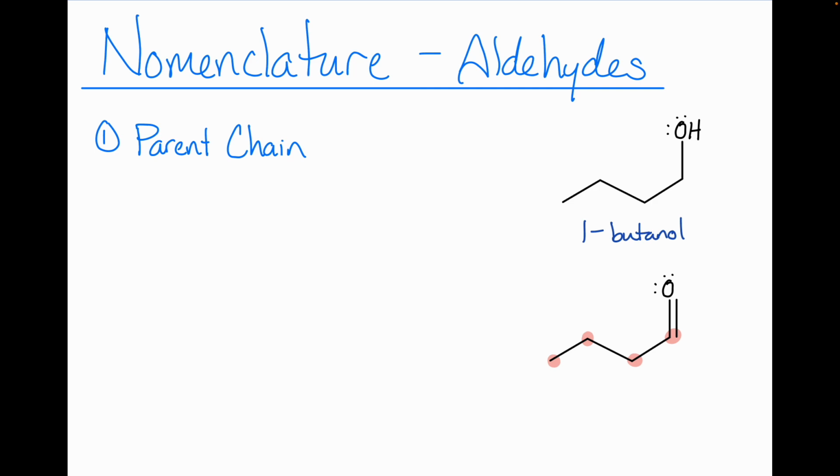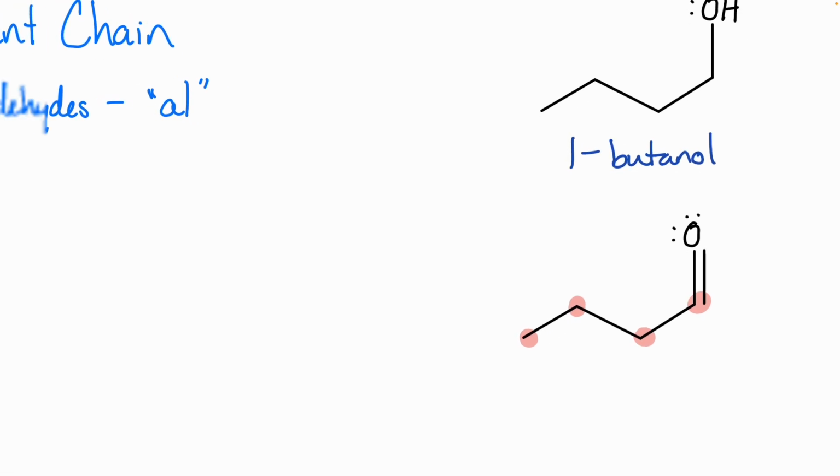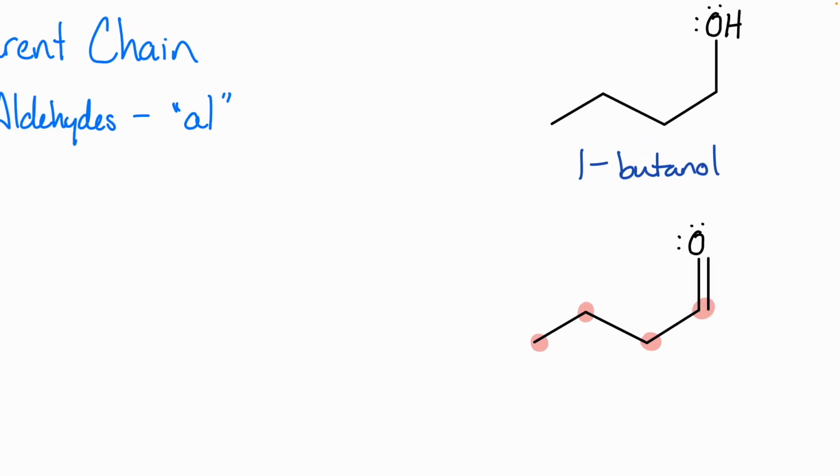And now we need to learn a different suffix because we have a new functional group here. Our aldehydes have the suffix -al. So -ol is for alcohols, -al is for aldehydes. All right, and just like in the name of my alcohol, "but" indicates 4 carbons.